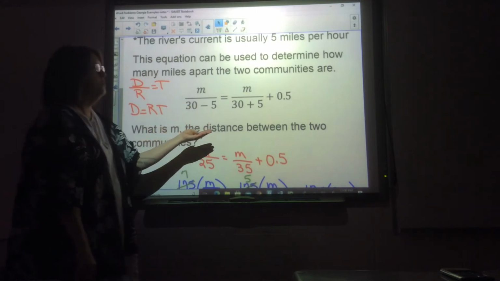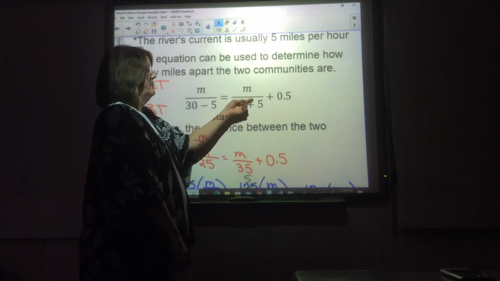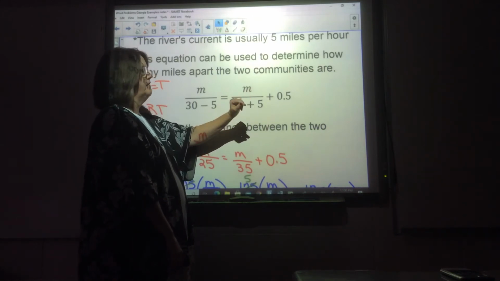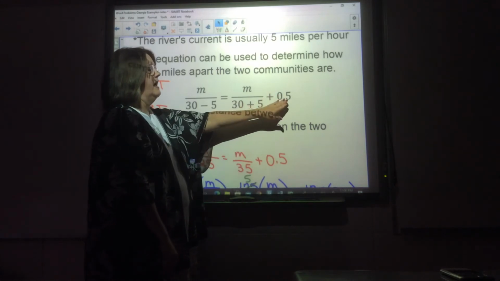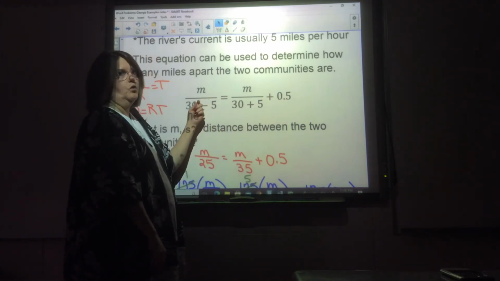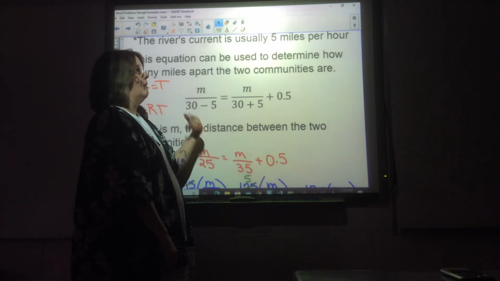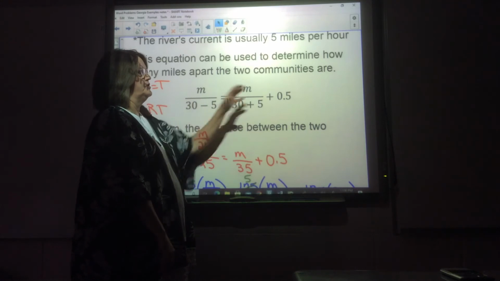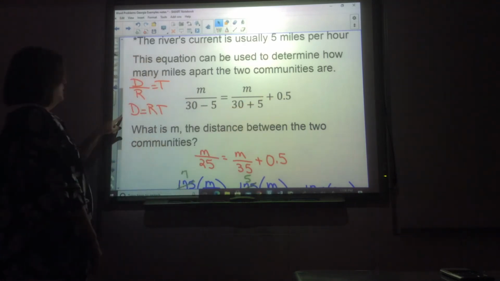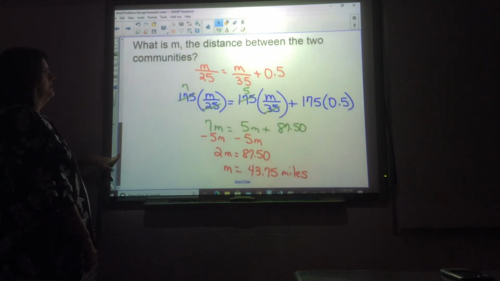That's going to be equal to the speed of the ferry boat coming down, and so instead of subtracting 5, we'll be adding 5. And we're adding a half hour over here for the time because, for them to be equal, it takes another half hour longer over here. So in order for them to be equal to each other, we have to add that half hour on this side. Okay. What is m, the distance between the two communities?